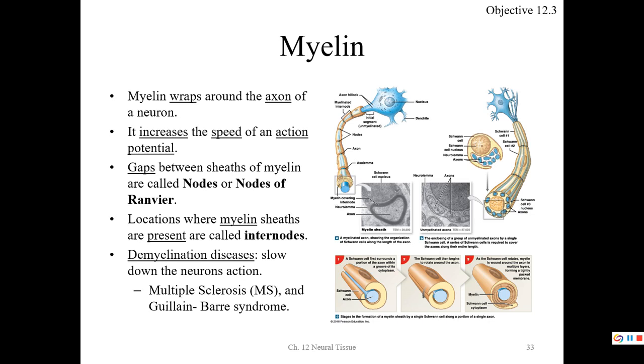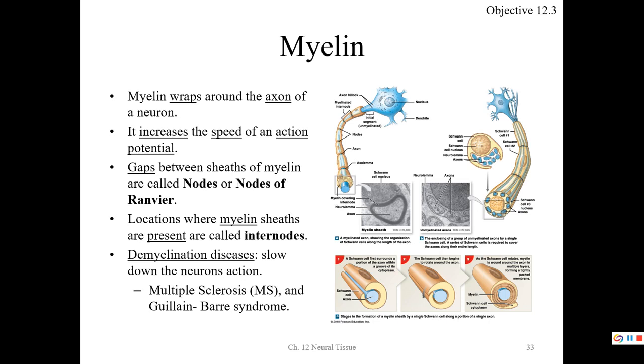Now, what's going to happen is there are demyelination diseases. Two that you may run into is MS, multiple sclerosis, and Guillain-Barré. One way that Guillain-Barré happens, I'm always hesitant to say this. I am very pro-vaccination. I'm very pro-science. There is a protein found in one of the influenza vaccines that basically is also found in the flu virus.